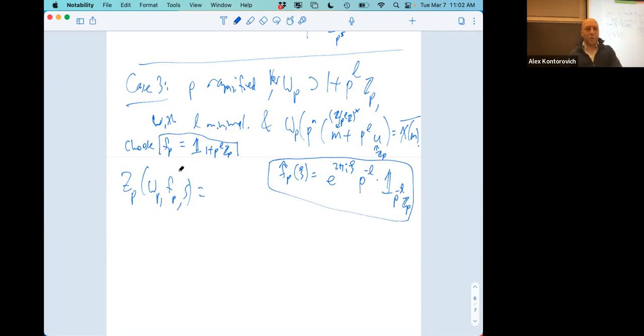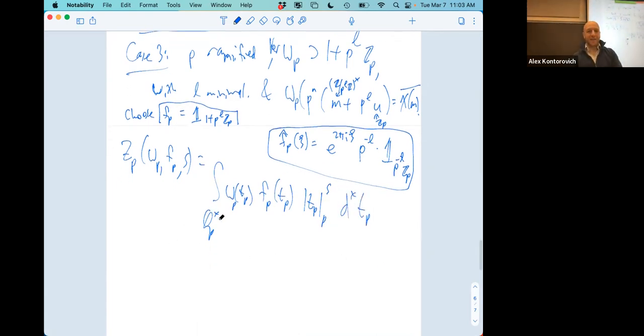So what is this? It's an integral over Q_P cross of omega_P of t_P, F_P of t_P, times the P-norm to the S, d star t_P. That's just the definition. F_P is the indicator function of 1 plus P to the L Z_P, exactly the indicator function of this set, so we're only integrating over this set.